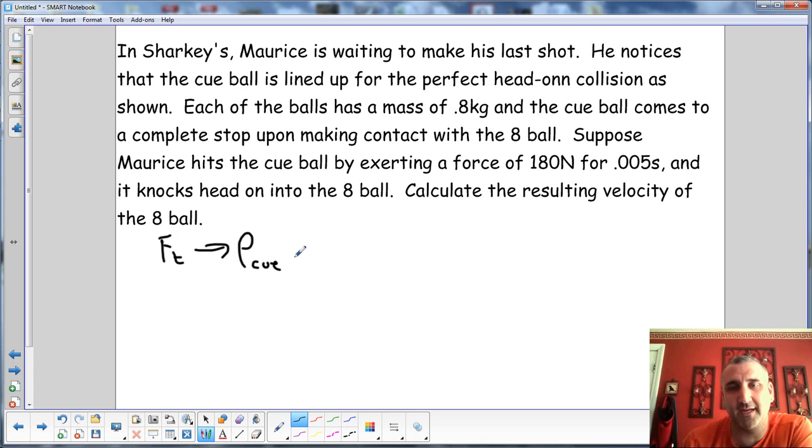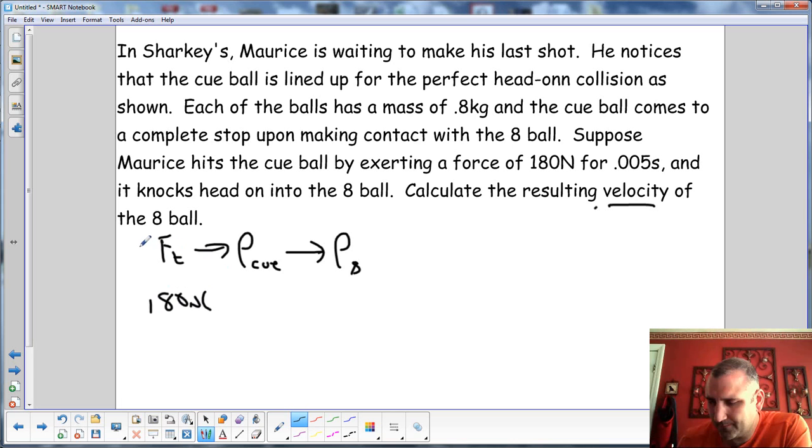We're going to be able to use that momentum to get the velocities. So the impulse, the force times time: we start out with 180 newtons times the time, 0.005 seconds.